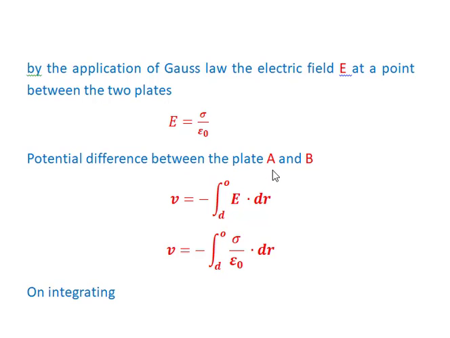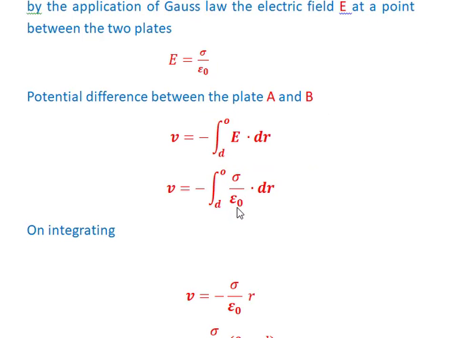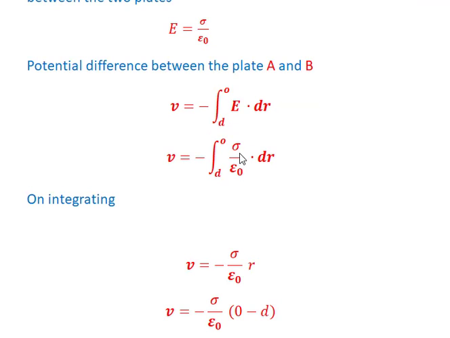So the potential difference between plates A and B is given by the voltage. Potential difference is nothing but voltage. So V is equal to minus the integral from d to 0 of E dr. Now substitute the value of the electric field, sigma by epsilon naught, and integrate.